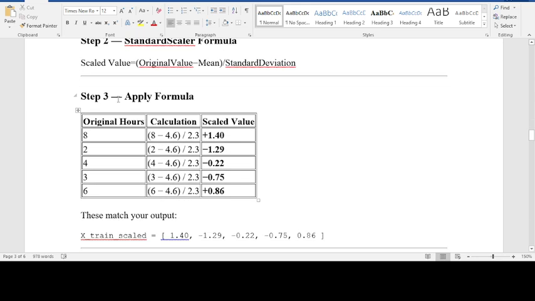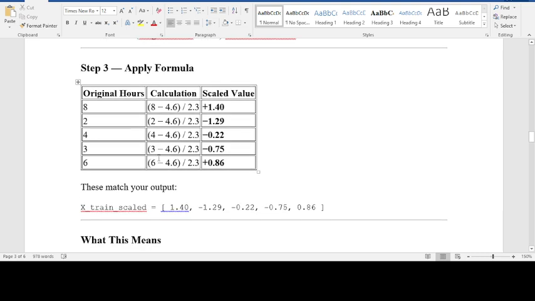When you apply the formula, 8 is my original value, minus 4.6, divided by 2.3, then you will get these scaled values: plus 1.40, minus 1.29, minus 0.22, minus 0.75, like this I am getting. That is what I have shown in the Google Colab.